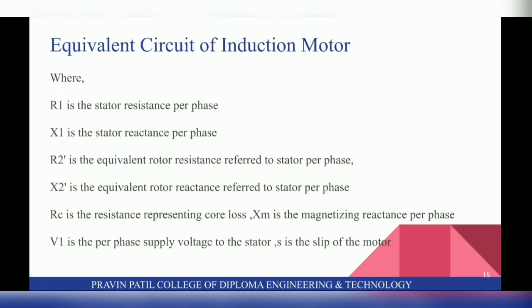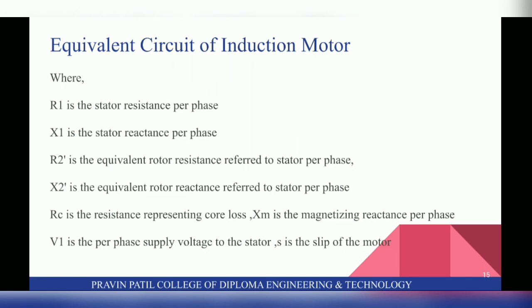Next is equivalent circuit of induction motor. Where R1 is the stator resistance per phase, X1 is the stator reactance per phase, R2' is the equivalent rotor resistance referred to stator per phase, X2' is the equivalent rotor reactance referred to stator per phase, and Rc is the resistance representing core loss, and Xm is the magnetizing reactance per phase.